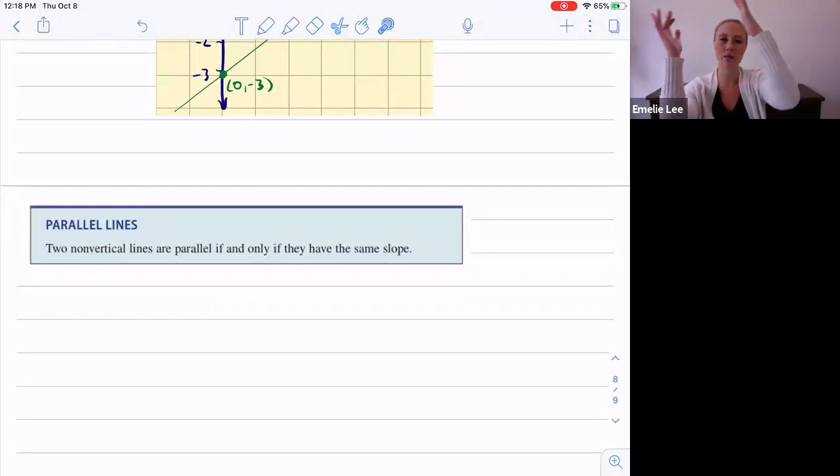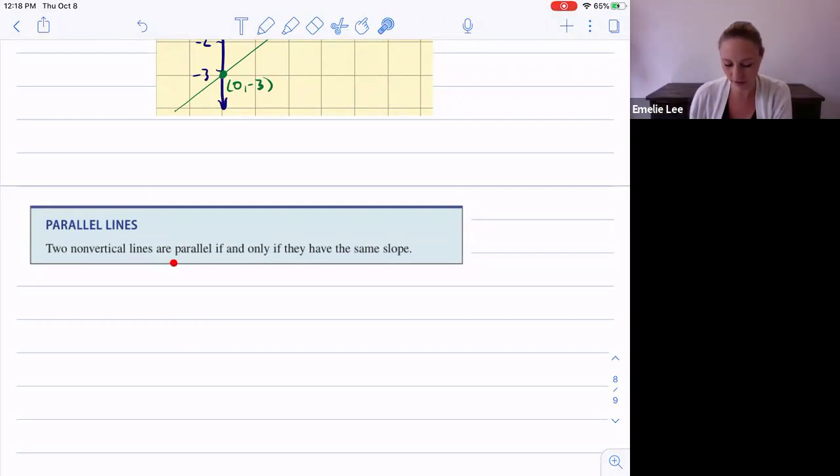They have to be on some sort of slope. Two non-vertical lines are parallel if and only if they have the same slope, right? And so if you are able to show that two lines have the exact same slope, then you have two parallel lines.